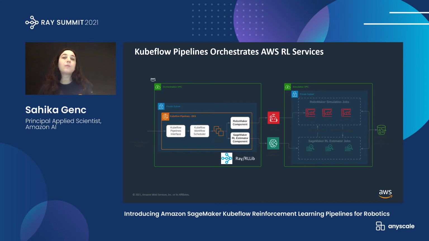And this is probably the most complex use case that you can have. You can still use the Kubeflow pipelines to orchestrate your SageMaker with other simulation engines, and we provide extensive documentation on how you can do that. In this most complex case, Kubeflow Pipelines is orchestrating both the trainer and the simulation environment.